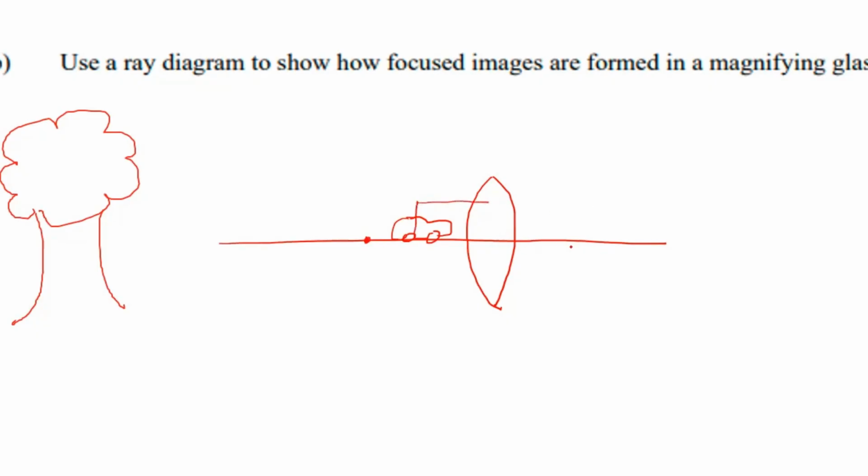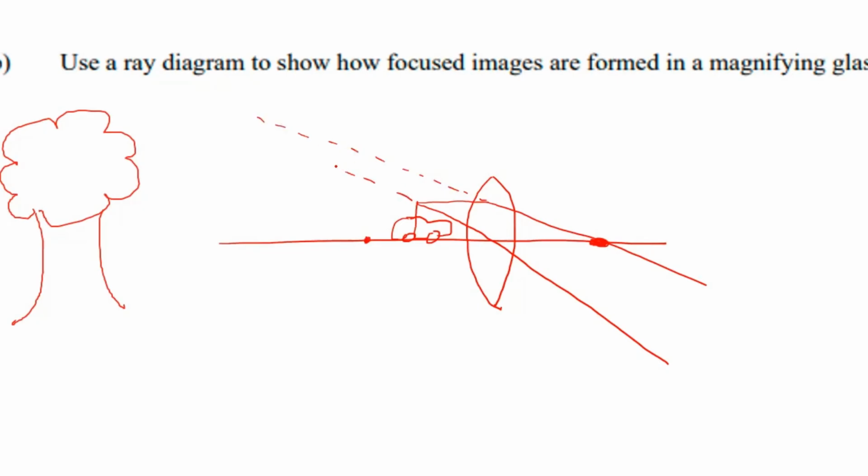You're going to have to make sure that you have your principal focus here, again a light ray passing through this one. You're going to need another light ray that runs through the center of the lens. And using your ruler, you're going to extrapolate using some broken lines.